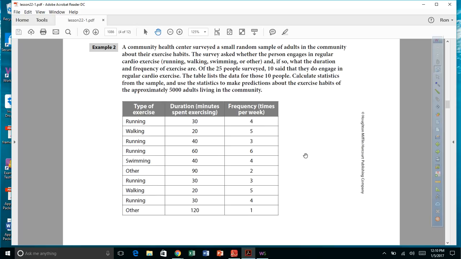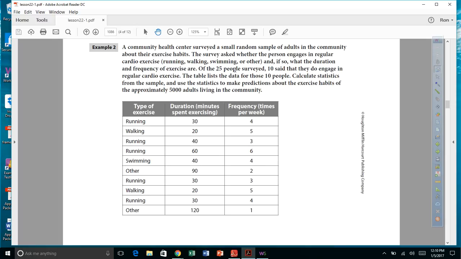Example 2. A community health center surveyed a small random sample of adults in the community about their exercise habits. The survey asked whether the person engages in regular cardio exercise, running, walking, swimming, or other, and if so, what the duration and frequency of the exercise are. Of the 25 people surveyed, 10 said they do engage in regular cardio exercise.